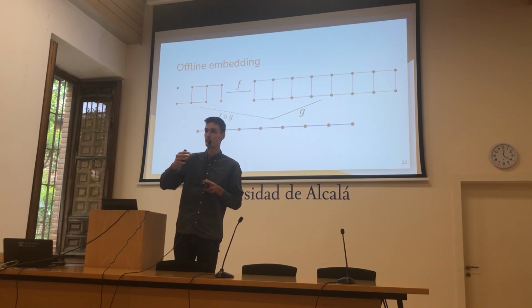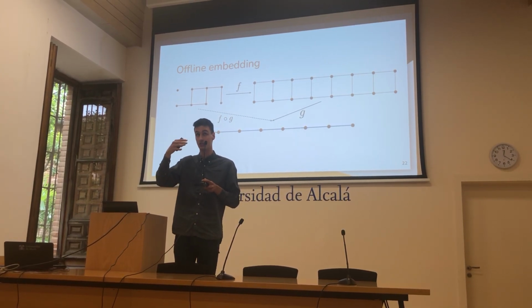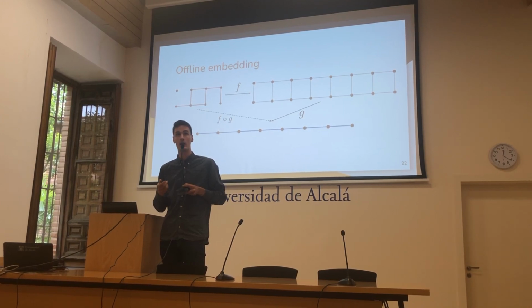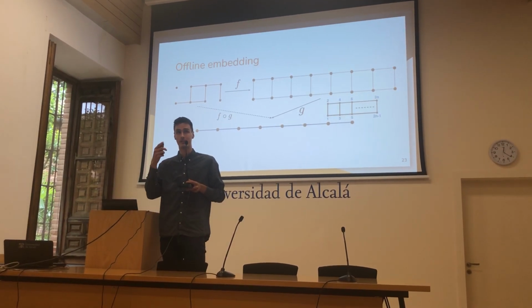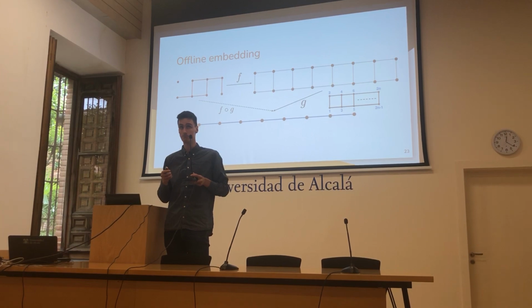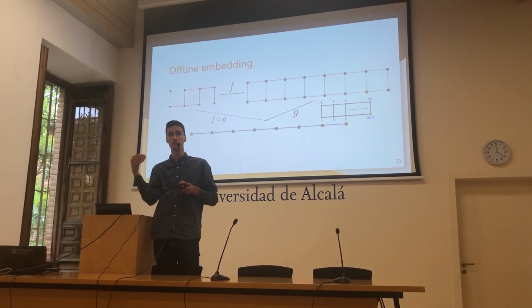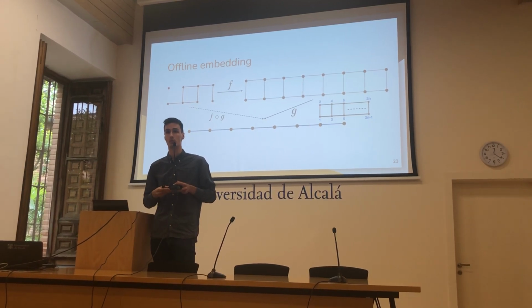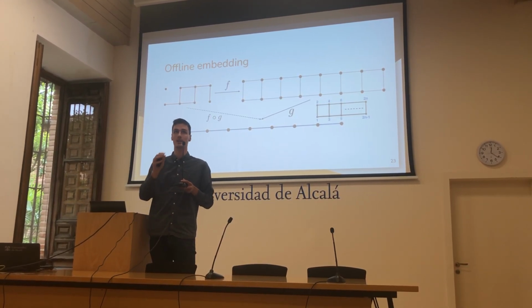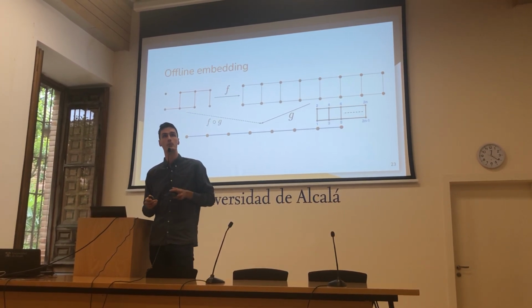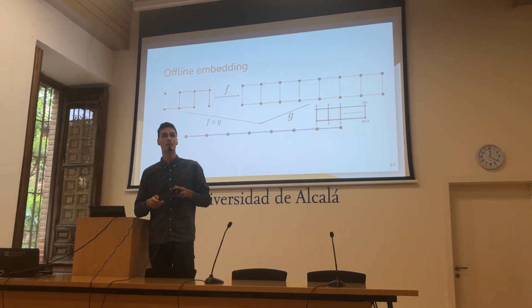So the resulting embedding is just the composition of those 2. And I point out that the ladder embedding can be done trivially by just embedding a ladder level by level. So it's not the interesting problem. The interesting problem is to embed a subgraph of a ladder into the ladder. And I will go through more details on that now.